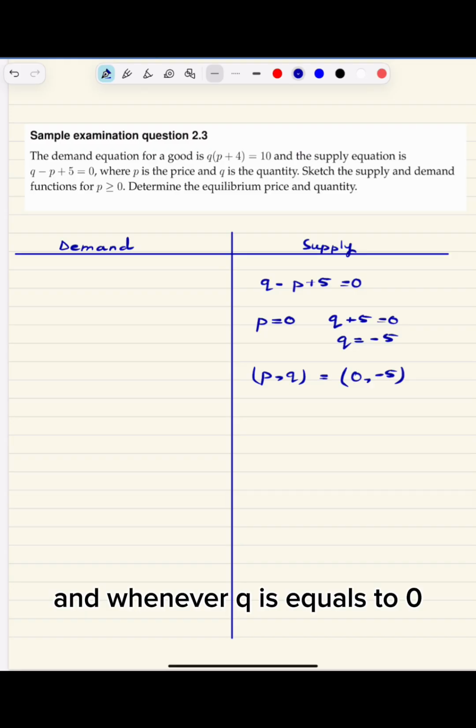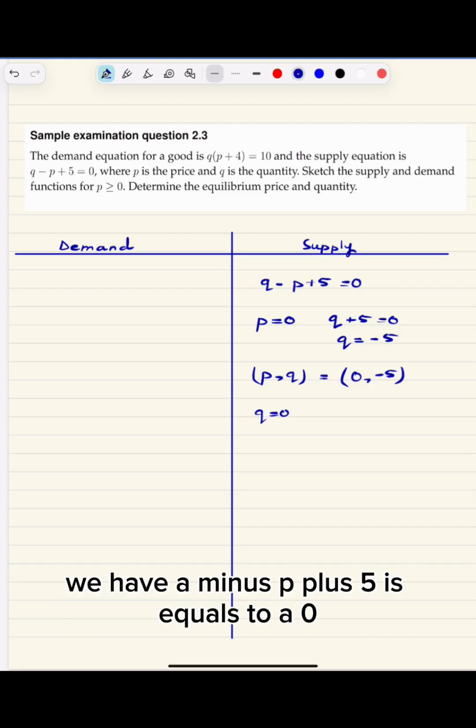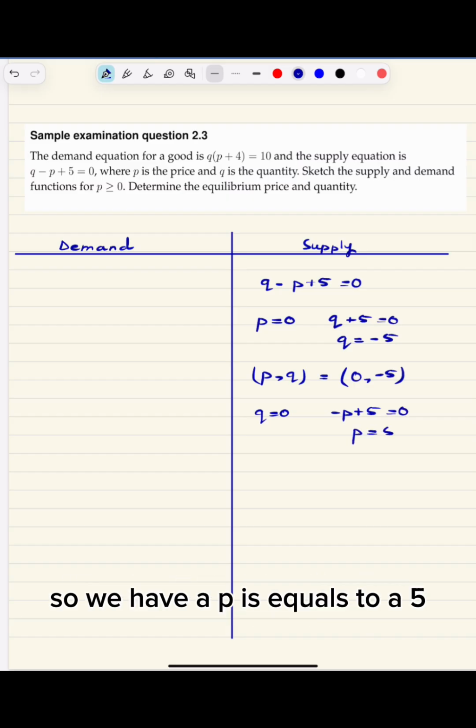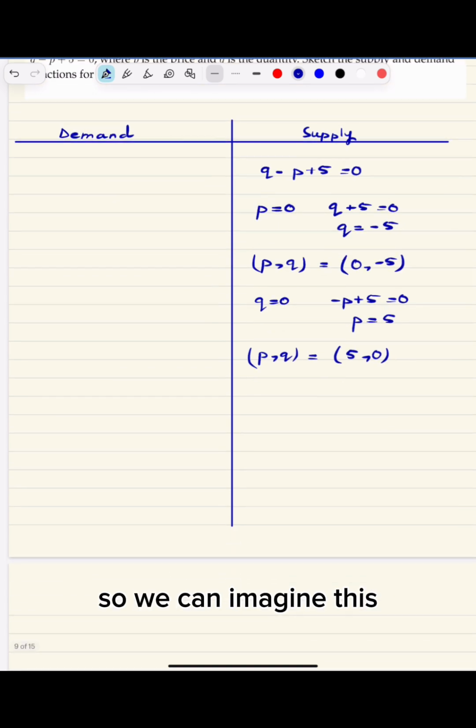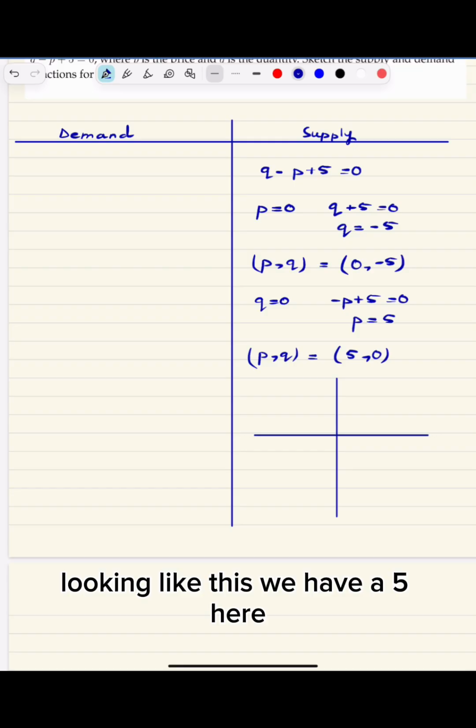And whenever q is equal to 0, we have minus p plus 5 is equal to 0. So we have p is equal to 5. So the other intercept, the p-intercept, is 5 and 0. So we can imagine this looking like this.